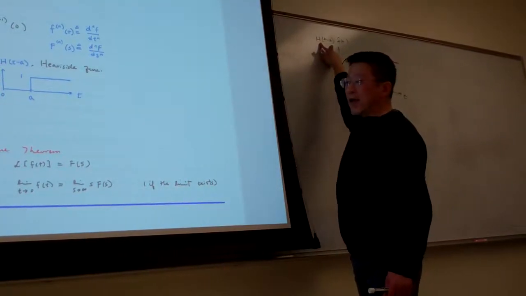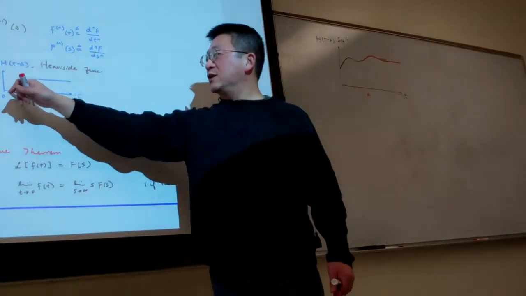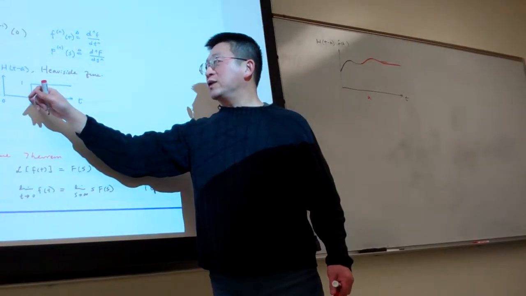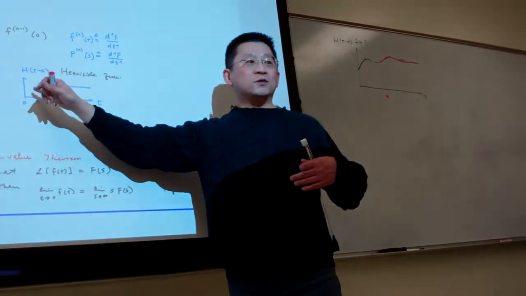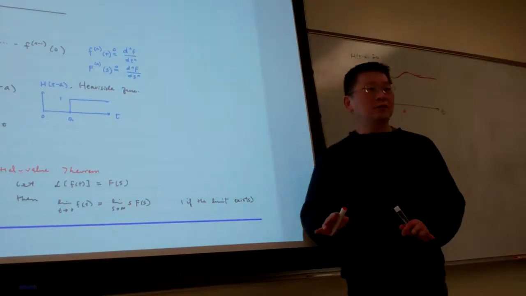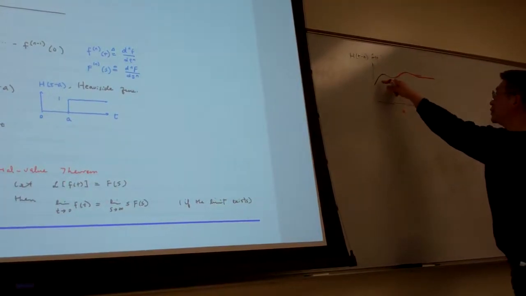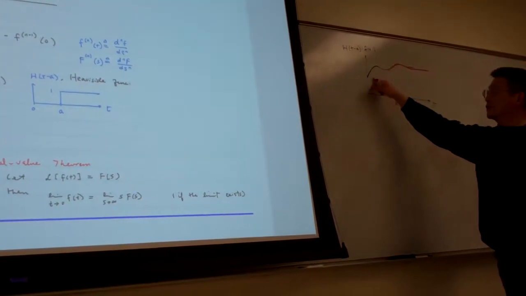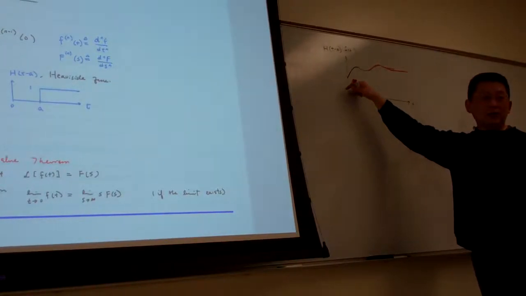Because it won't be activated before t equal to a, everything before this moment is inactivated, disabled.